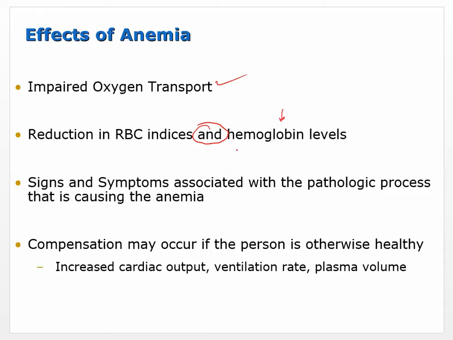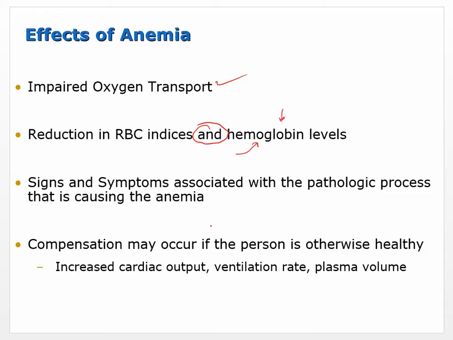And that's important because hemoglobin is carrying the oxygen, and that's the problem. So there are signs and symptoms associated with the pathologic process that is causing the anemia. If you're bleeding, that's a pathologic process causing anemia. If you have nutrient deficiencies, or if you have cancer, that is the pathologic process causing that anemia.